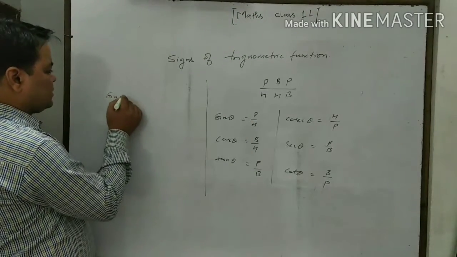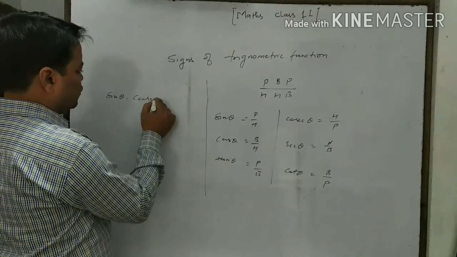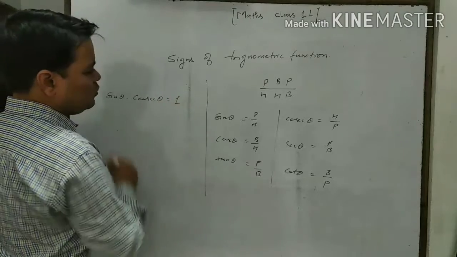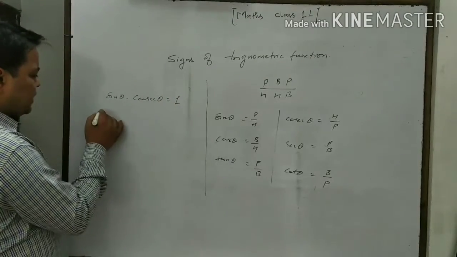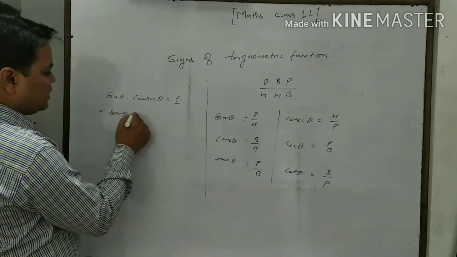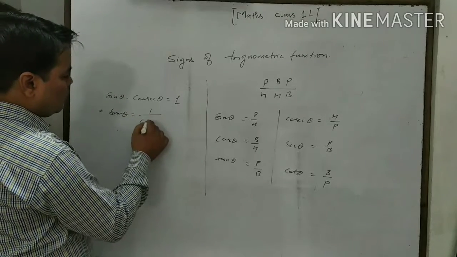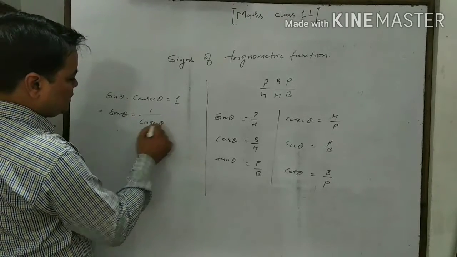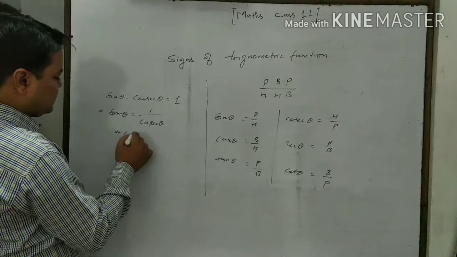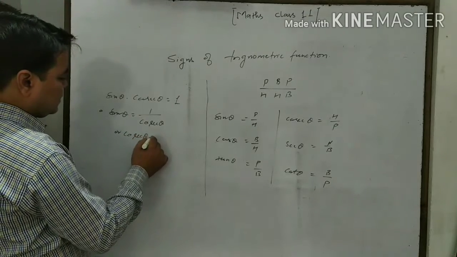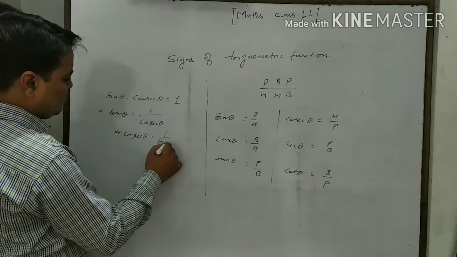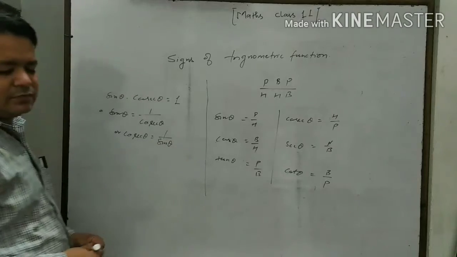Here sine theta into cosec theta is equal to 1, or we can write sine theta is equal to 1 upon cosec theta, or cosec theta is equal to 1 upon sine theta.